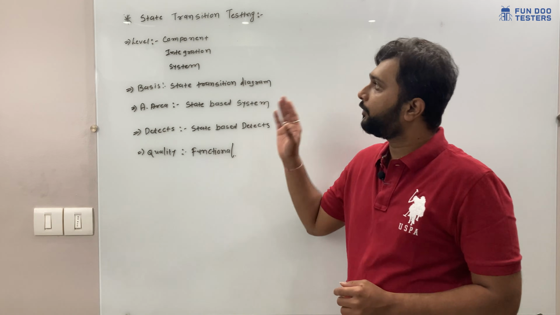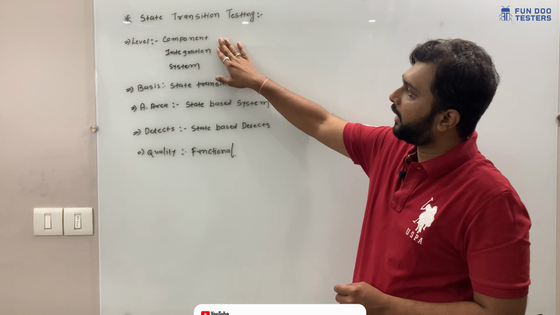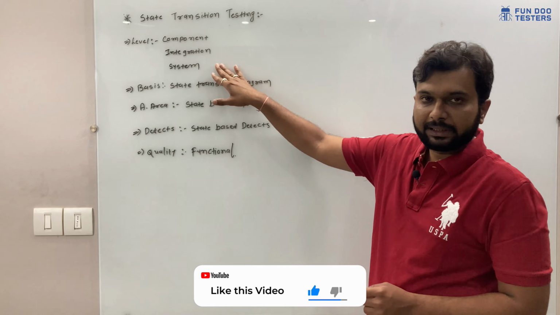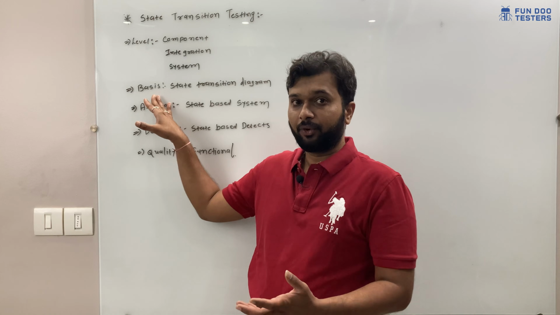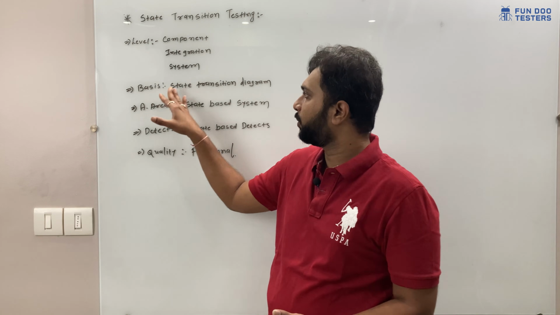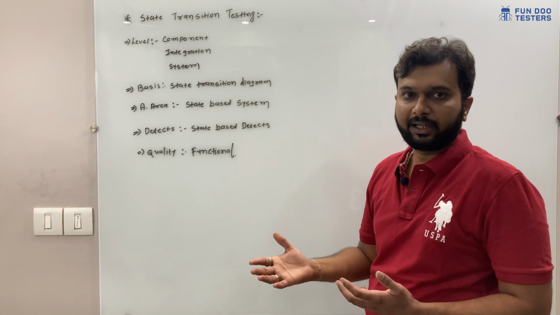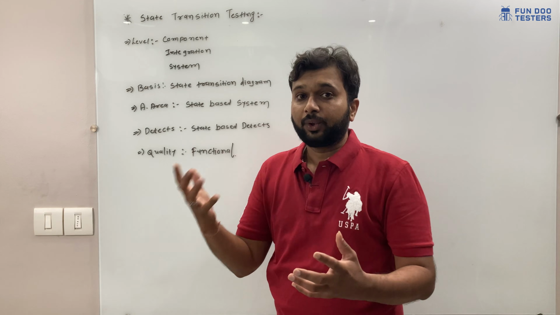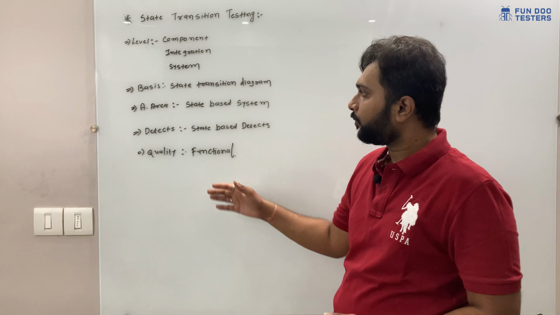First of all, where can we apply state transition testing? We can apply it at the component level, integration level or system testing level. On what basis can we perform state transition testing? Based on a state transition diagram. To perform state transition testing, we have to draw a diagram based on the application requirement and design.